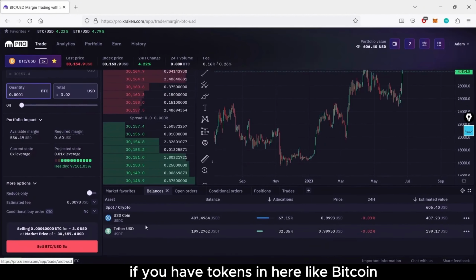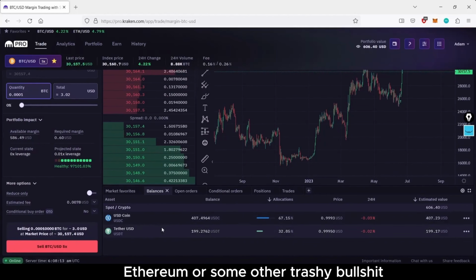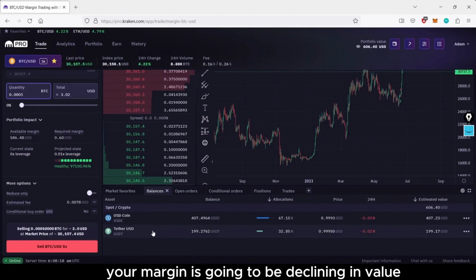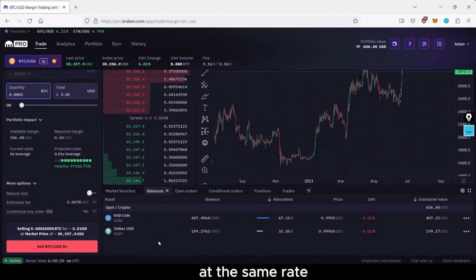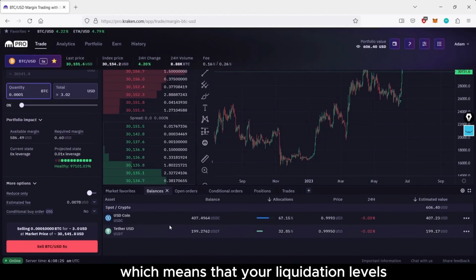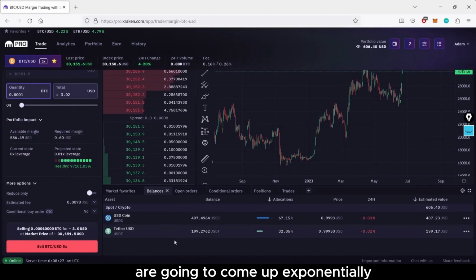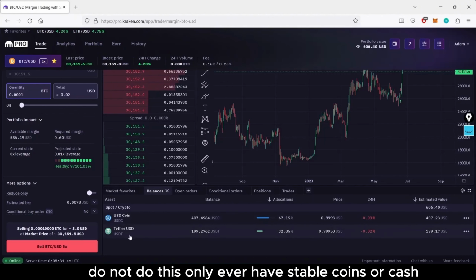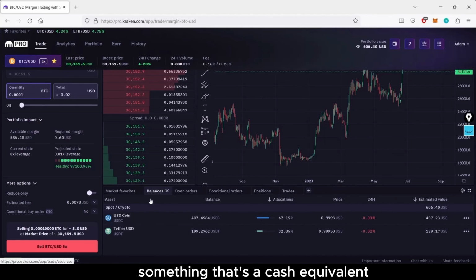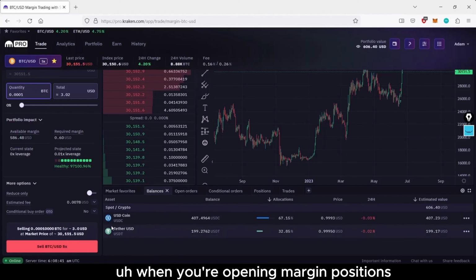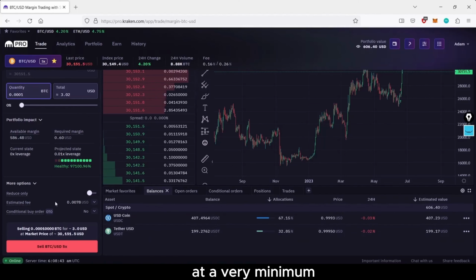If you have tokens in here, like Bitcoin, Ethereum, or some other trashy bullshit, and the market starts to decline, your margin is going to be declining in value at the same rate at which your position is declining in value, which means that your liquidation levels are going to come up exponentially faster than you expect, which is certain death. Do not do this. Only ever have stable coins or cash, something that's a cash equivalent in your balances that you're borrowing against when you're opening margin positions. Stick to this rule at all times at a very minimum.